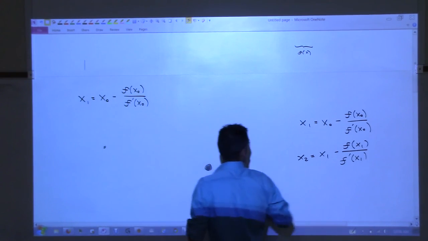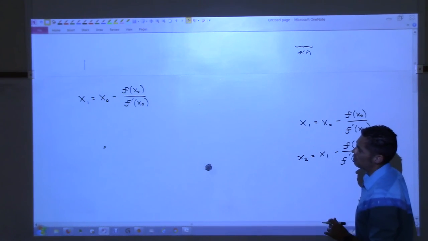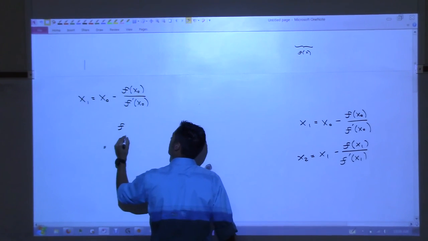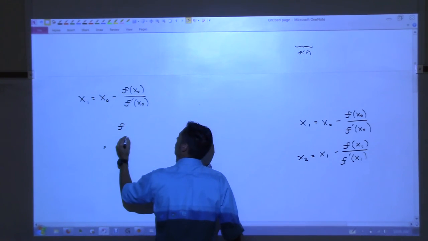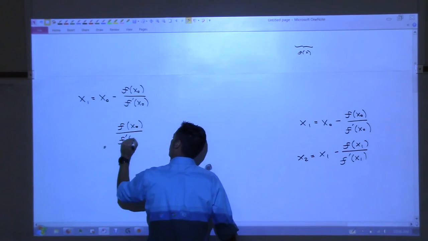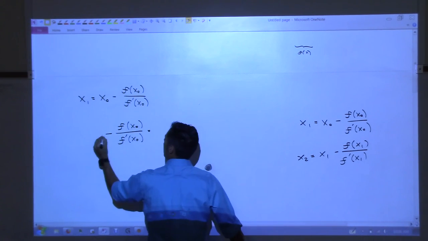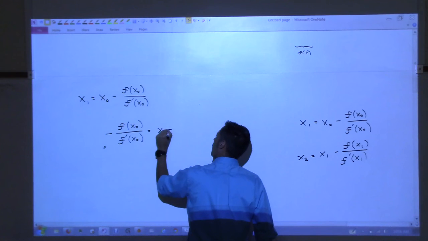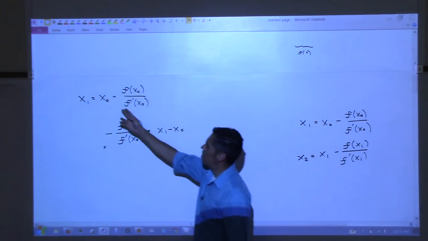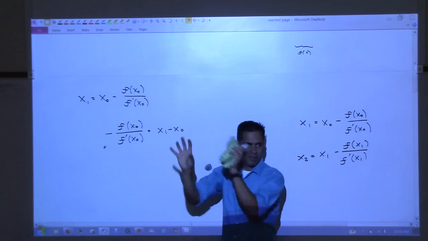That's this one right here. I'm going to just mess with this a little bit. Just tell me if you believe this. What am I doing? f of x naught over f prime of x naught, well, let's make it negative, equals x1 minus x naught. All I did here was move the x naught to the other side, and then flipped it around.